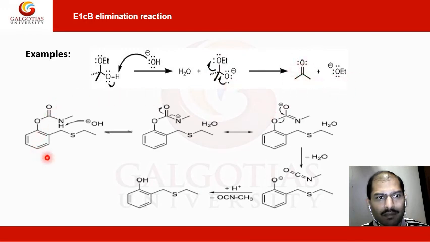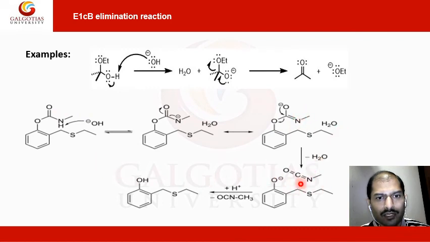Similarly, you can see many more examples, like in the case of a ring system in benzene. Here also this proton can be removed in the form of an H plus ion, and obviously here the negative charge, and after the rearrangement it will leave this group and make a double bond over here, you can see.